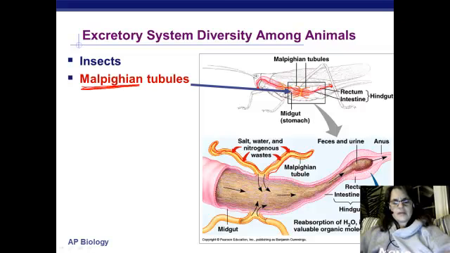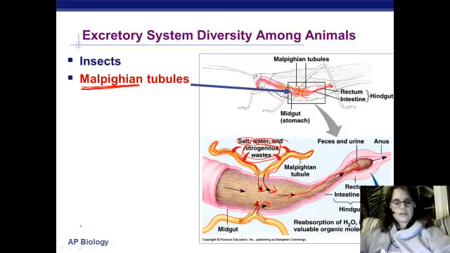These are the Malpighian tubules, and essentially what they are doing is absorbing salt, water, and nitrogenous waste from the rest of the body of the animal, from the body cavity, and they are passing that salt, water, and nitrogenous waste into the gut, where the poop is being made towards the end of the gut, and all of this poop and all of this nitrogenous waste as well is going to be eliminated as solid waste.